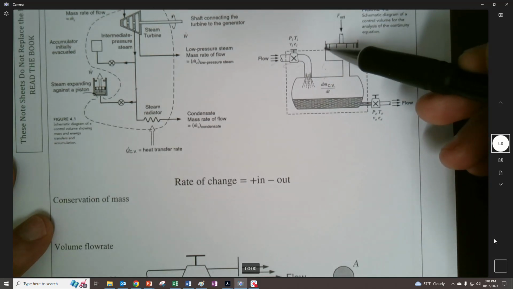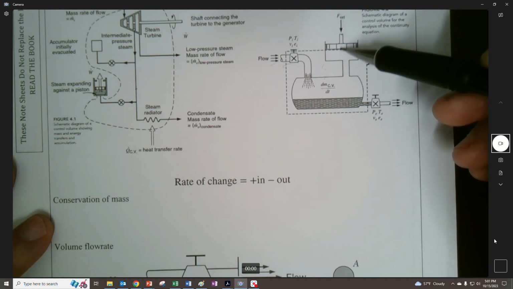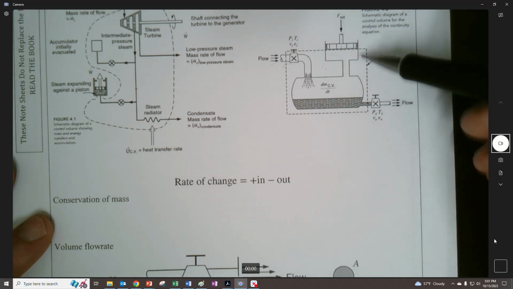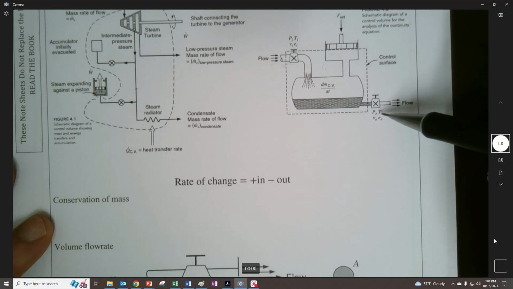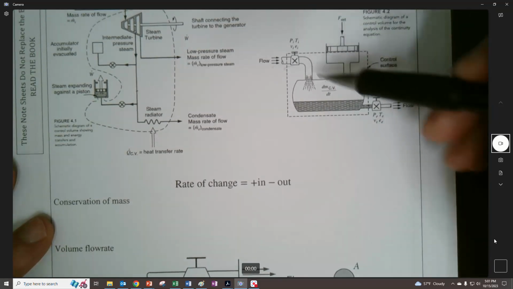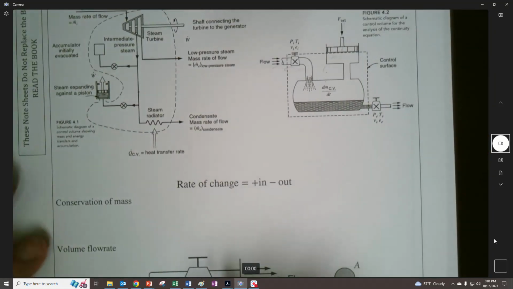And also, if you decided to draw the line right here where this piston would be moving as well, the displacement within there would change, the volume would change. So we have various things that would maybe accumulate, right? So we have the mass that could accumulate, and as an extension, the energy within there would accumulate.